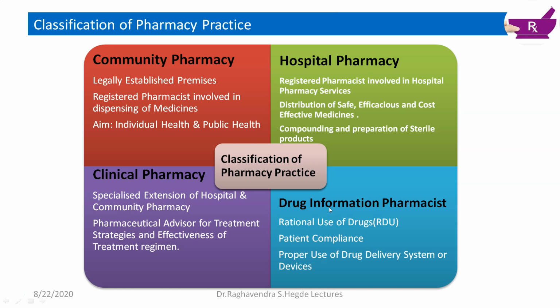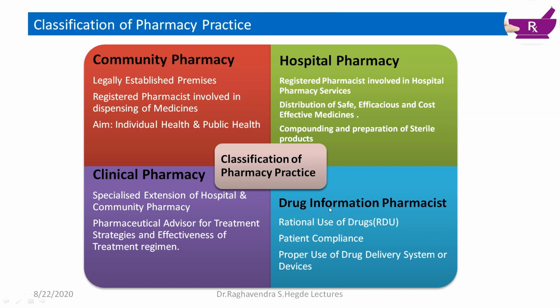And unnecessary loading of drugs to the patients is avoided many times, whether it may be drug interactions notified by the pharmacist, or contraindications or adverse drug effects or any problems related to the drugs, which will be brought to the notice of the doctors.